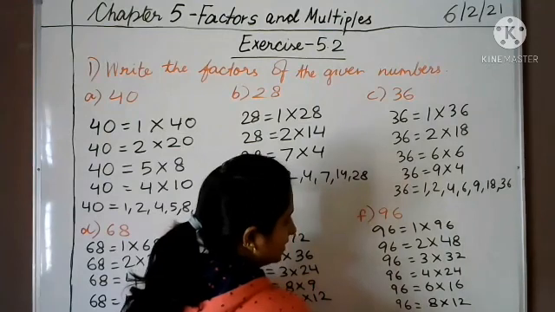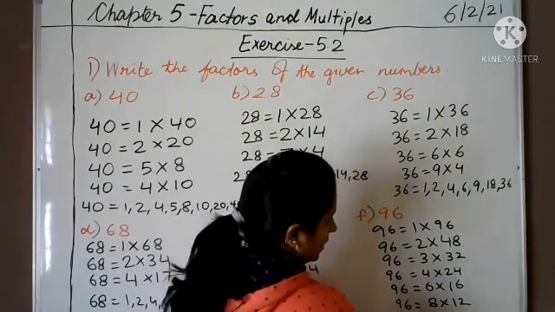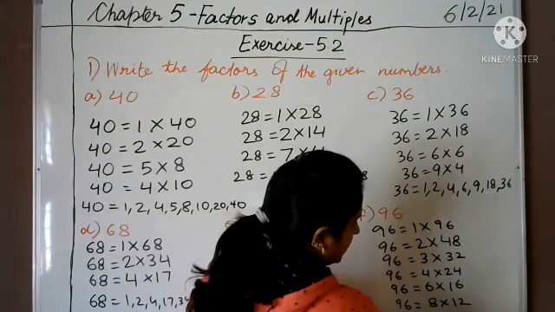So 96 is equal to 1 2 3 4 6 8 12 16 24 32 and 48.